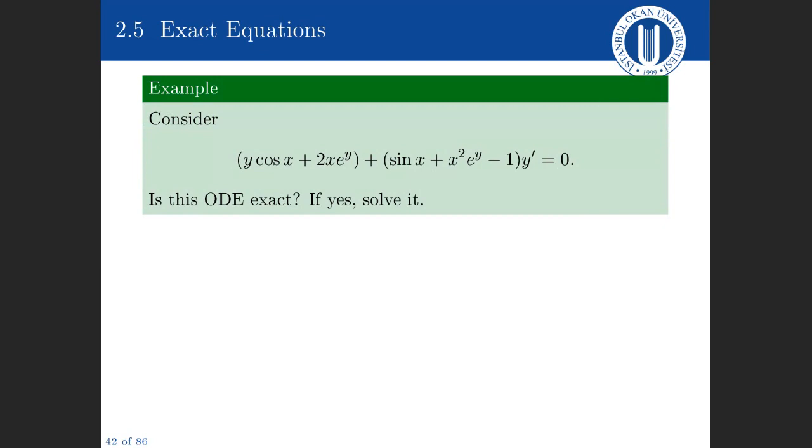Let's do some examples. Consider this differential equation. y cos x + 2x e^y + (sin x + x^2 e^y - 1) y' = 0. Is this differential equation exact? If the answer is yes, solve it.